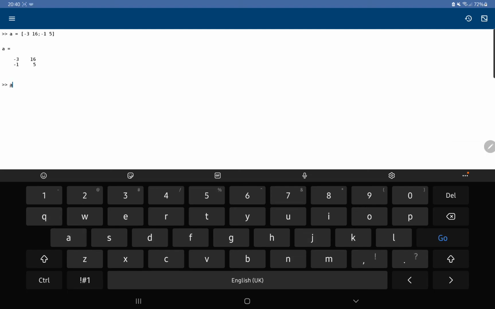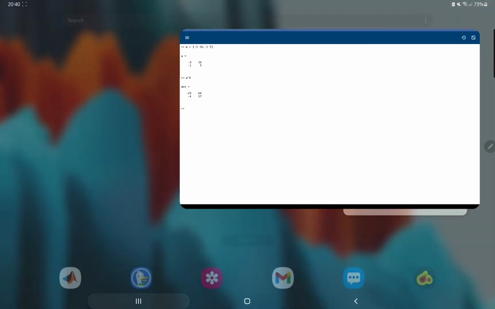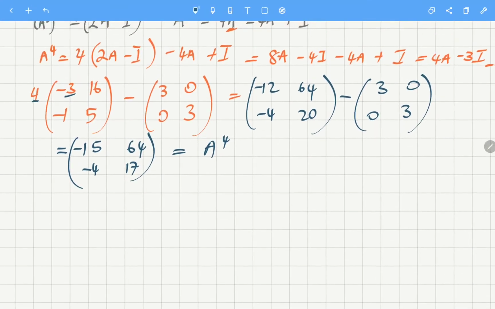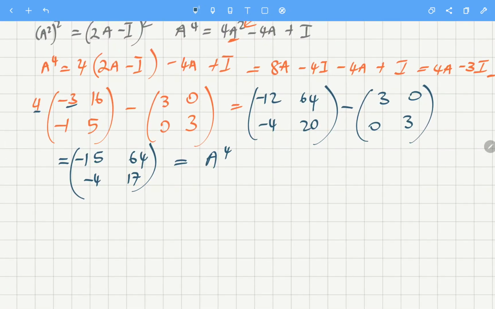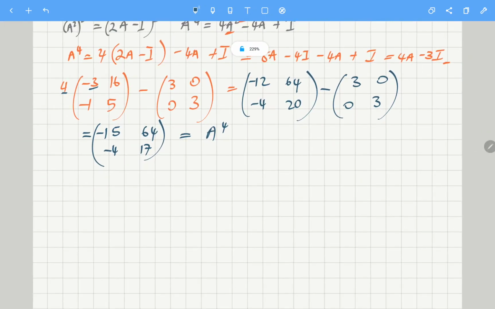Then A to the power 4 gives [-15, 64; -4, 17]. So here we are, that's the answer anyway. So it's all correct.